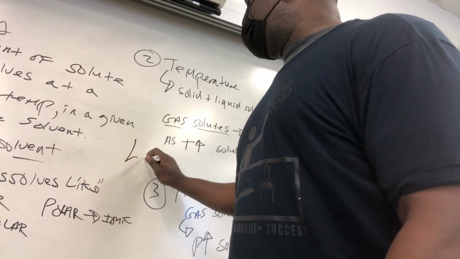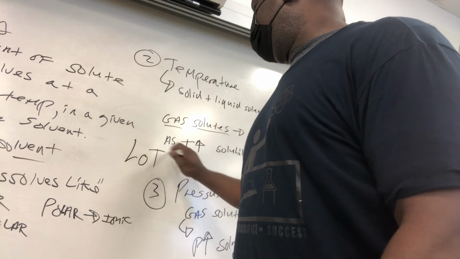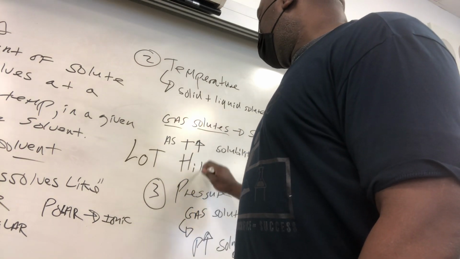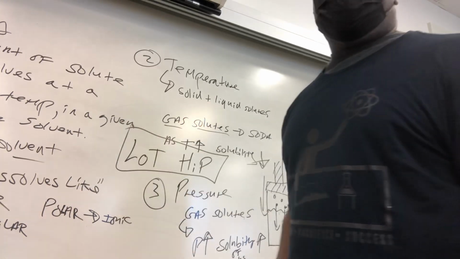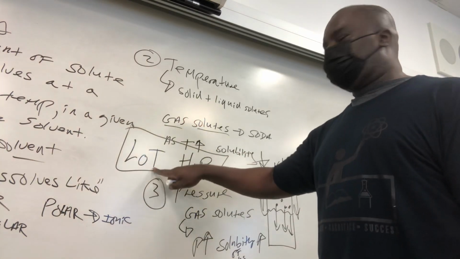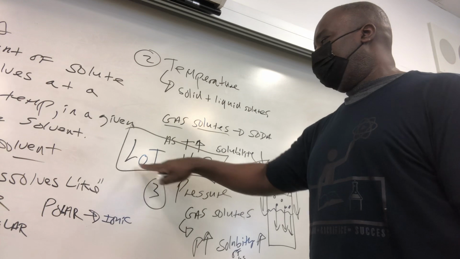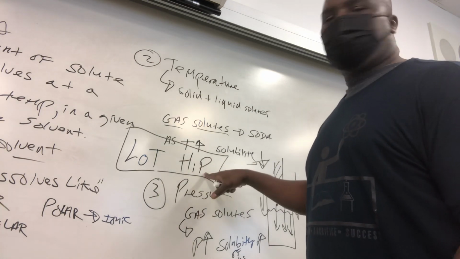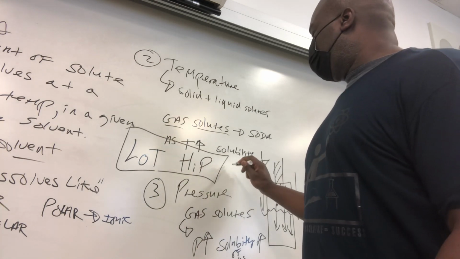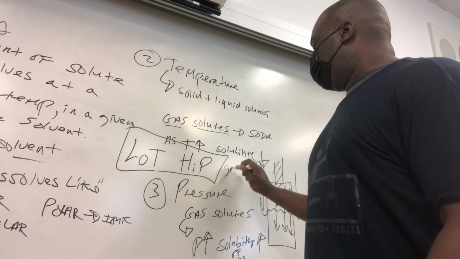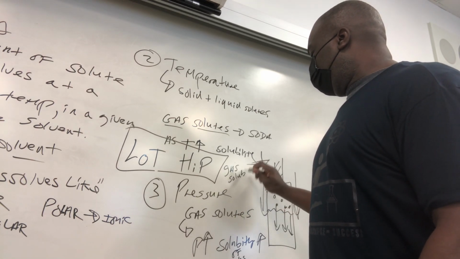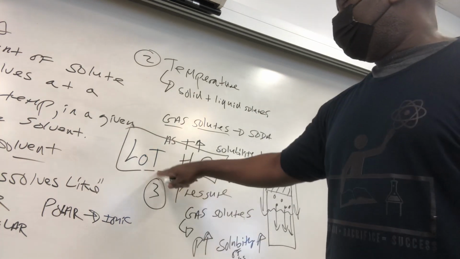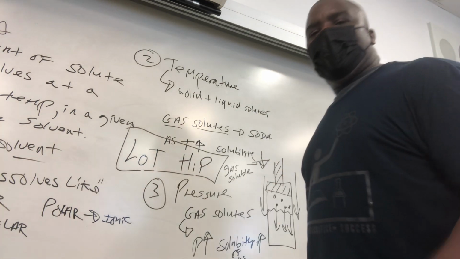For gases, LOT HIP. What does LOT HIP mean? Low temperature, L-O-T, high pressure, for gas solubilities. If you want your gas to be nice and soluble in your solution, you want low temperature, high pressure.